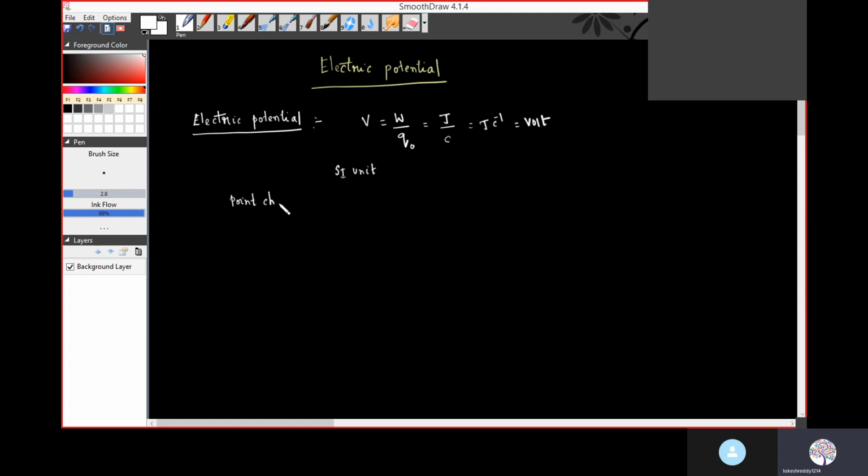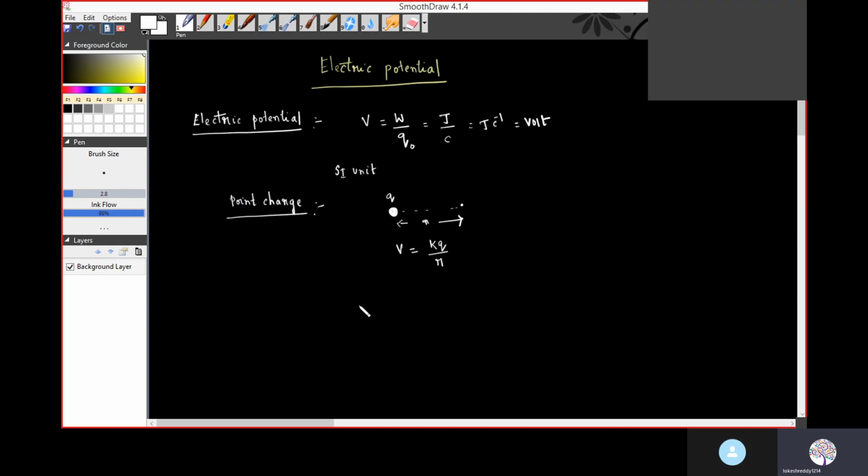So if I consider a point charge, which has a charge Q, at a distance r, the potential due to this point charge is kQ by r.